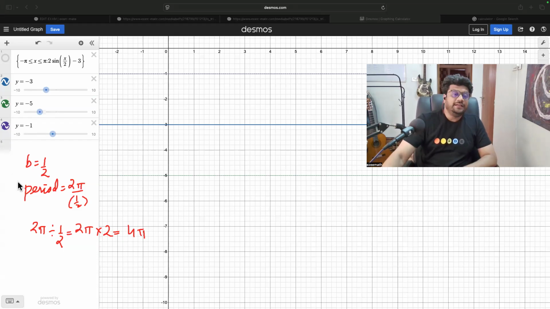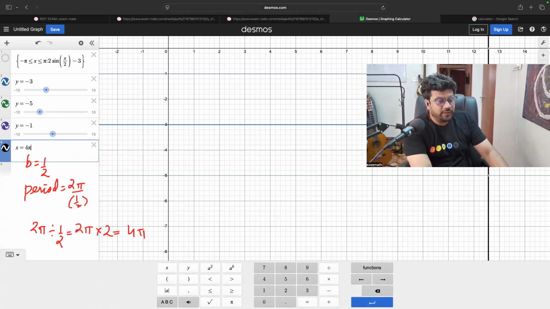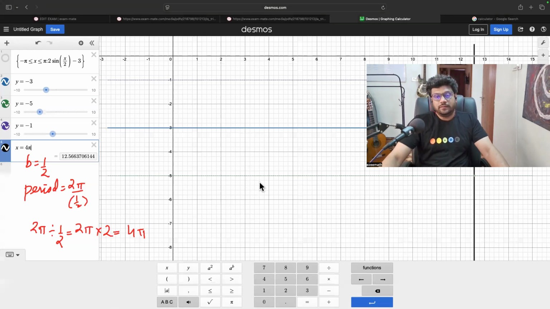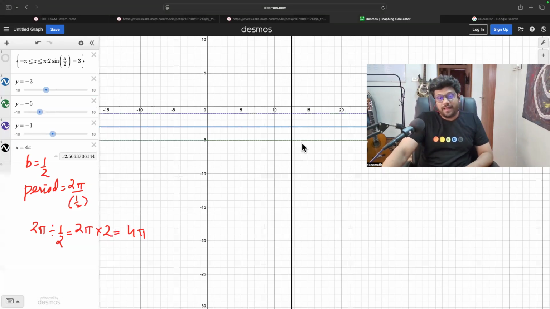What I do is I first get me the farthest boundary for my one whole wave to be contained. I go x equal to 4 pi. That's one whole wave.